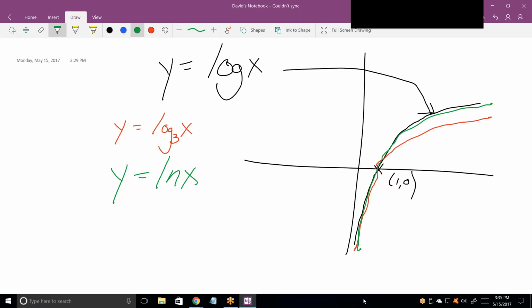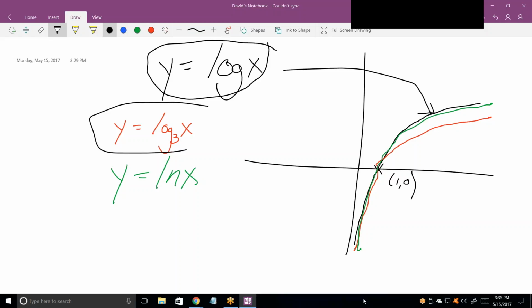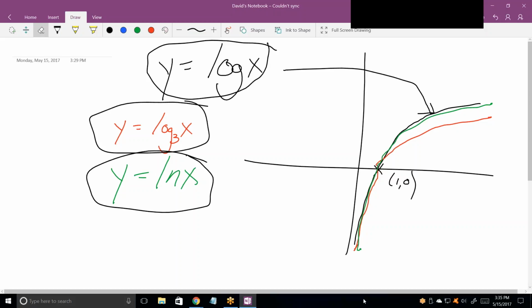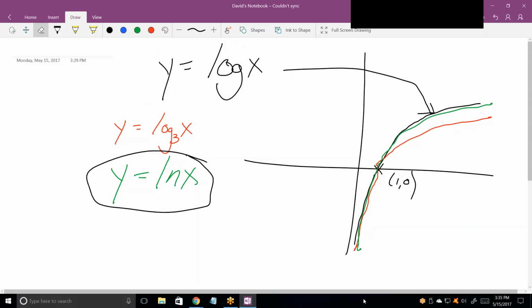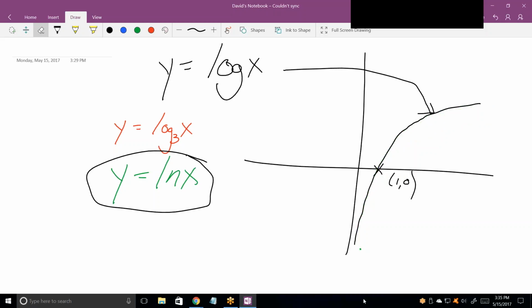And each of these would be a parent function. In other words, that might be the parent function, that might be the parent function, or that might be the parent function. And then what we're looking at are transformations from the parent function.